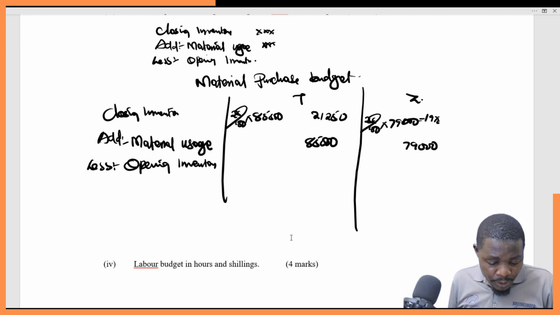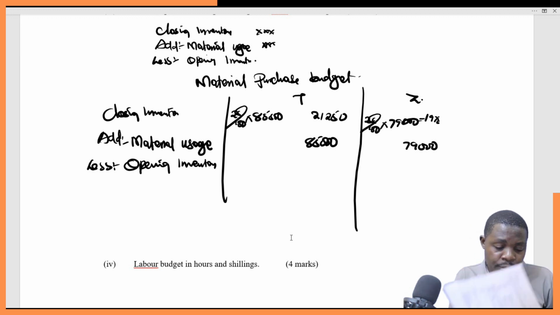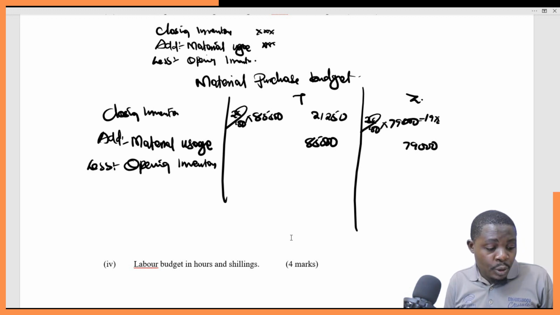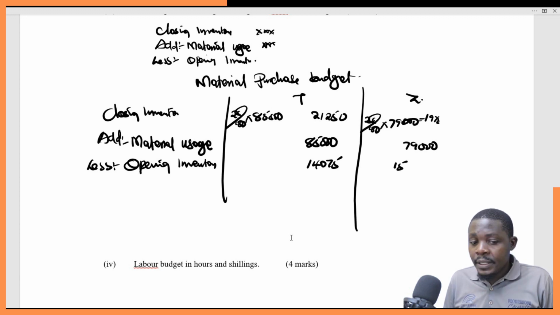Opening inventory we were given in additional information Roman 1, but for the opening inventory of material T, it was 14,075. Then opening inventory for S it was 15,750.